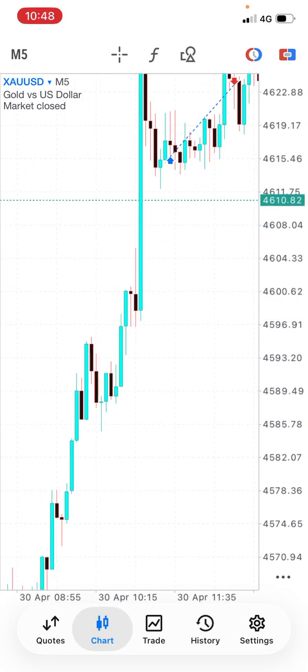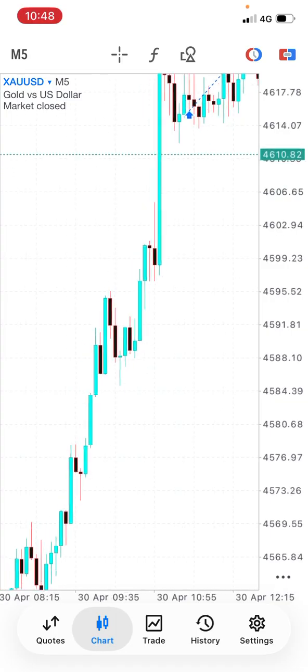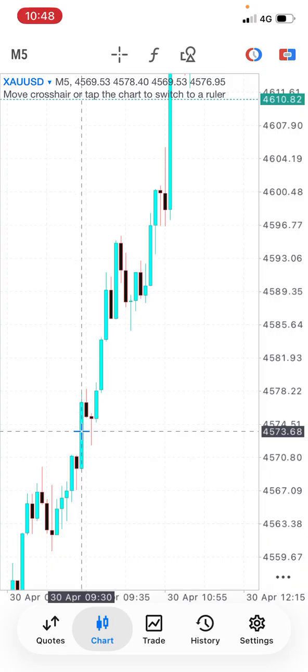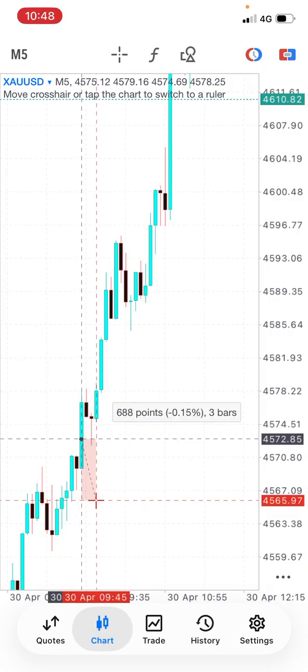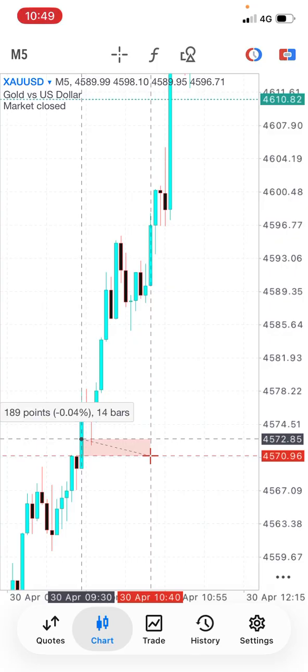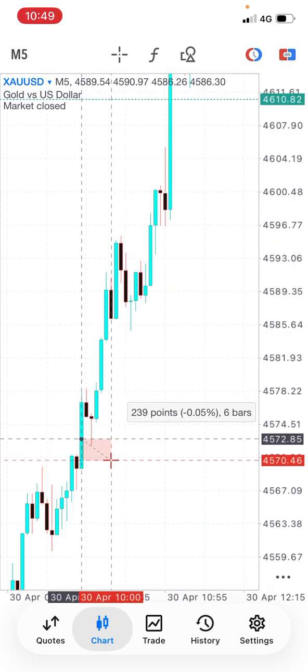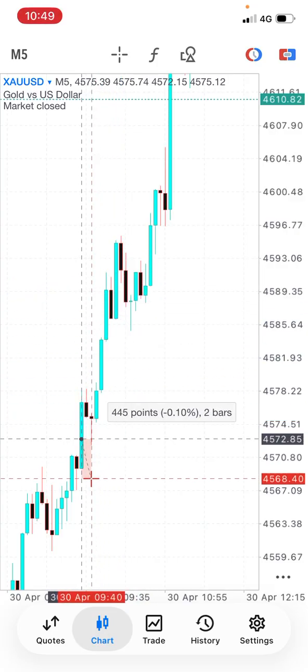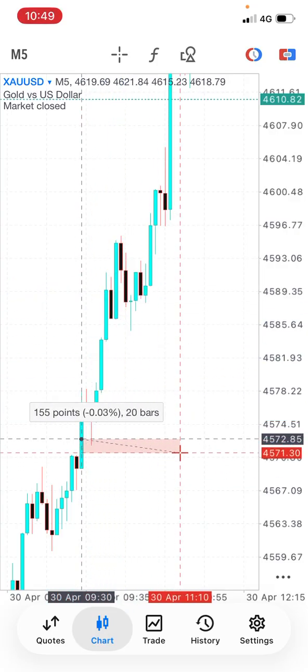This gap is the valid imbalance. When price trades this gap and goes up aggressively, this becomes a valid imbalance.